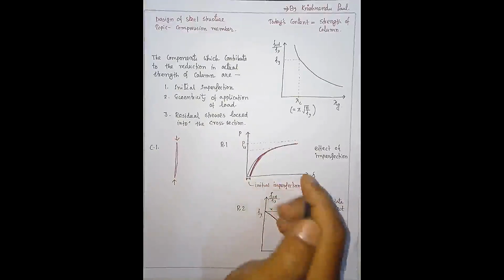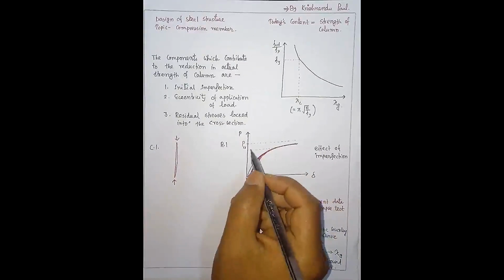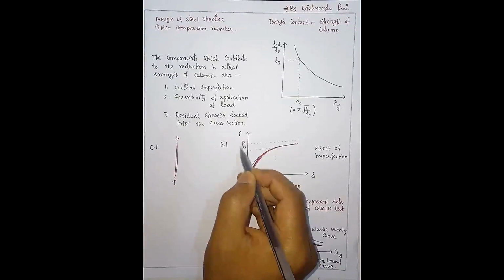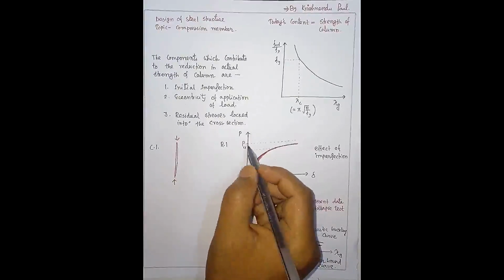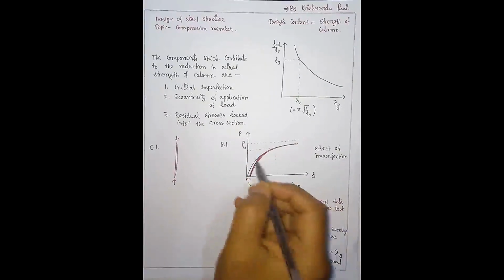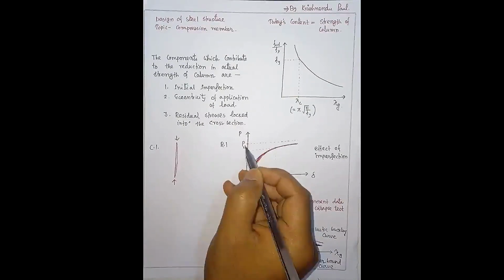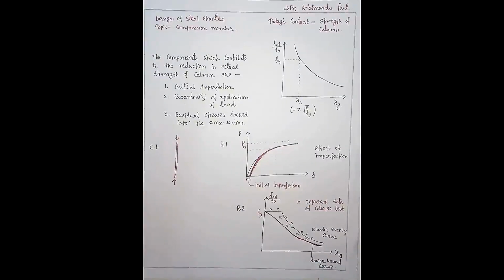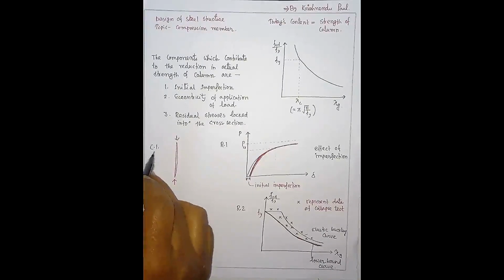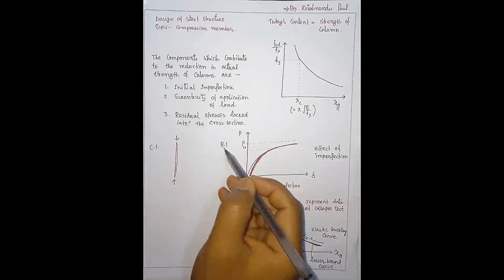So the column is failing before reaching the crippling load we have derived. You assume that at this crippling load the column should fail, but in actual practice the column is failing much lower than this load. So this is the effect of imperfections. This is the cause, and this is the result. So result one.